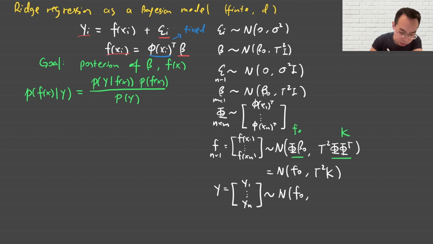So I should write here that beta is independent of epsilon. Then we can sum the variances together to be tau square K plus sigma square I. So that's the Y vector.